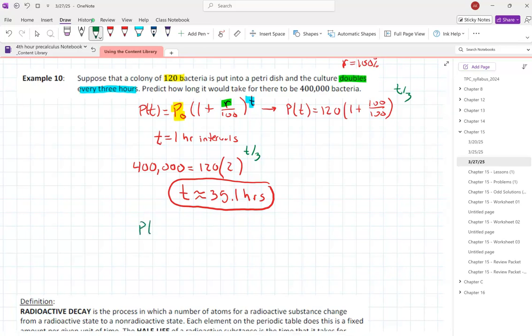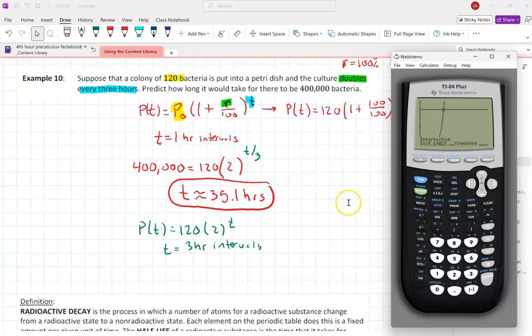Now, had I just done this where t is going to equal 3-hour intervals, so if I do that on my calculator and I solve this, I get 11.7.